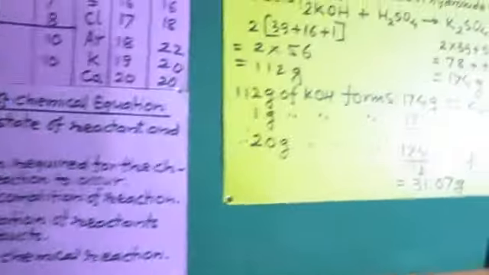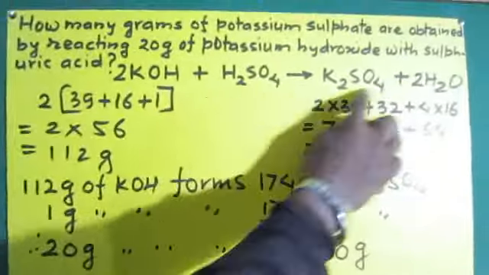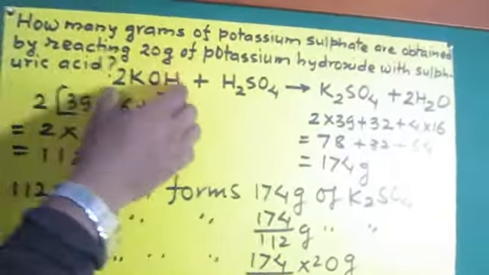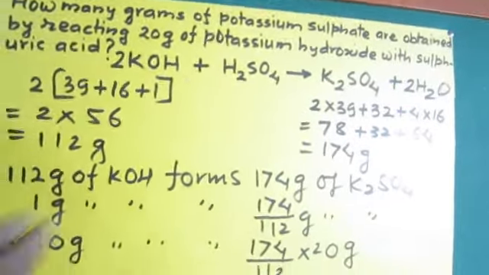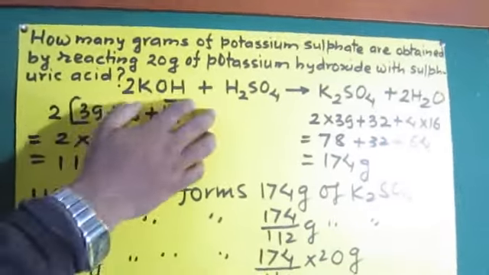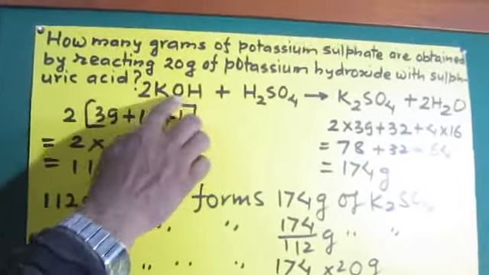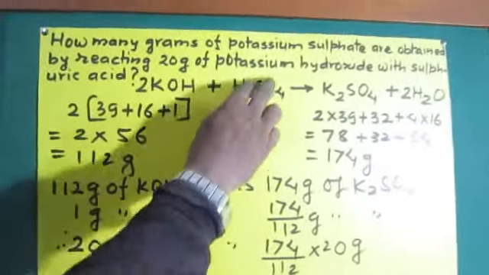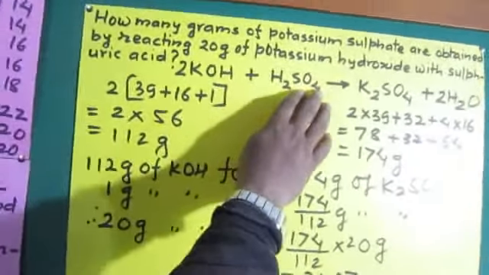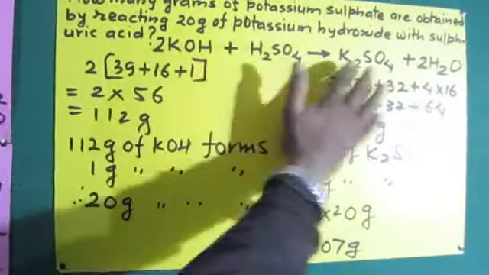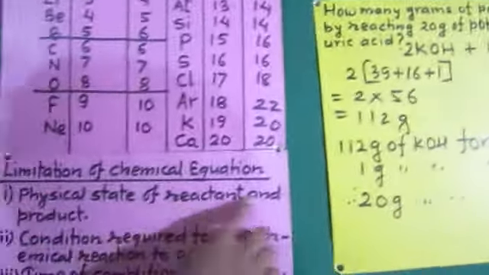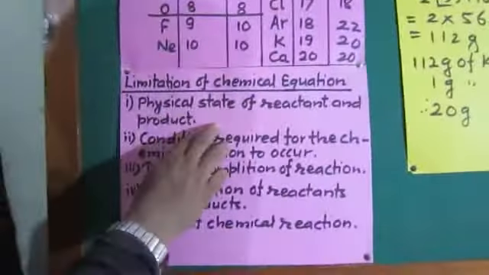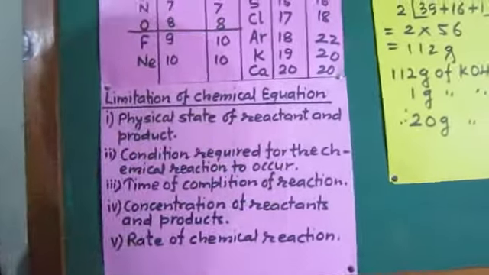Look at this chemical equation. Here it is written in the form of formulas. Even if we write in words, whether this potassium hydroxide is in the form of solution or solid, and sulfuric acid in the form of solid or liquid, it's not clear. That's why the physical state of reactant and product cannot be represented by a chemical equation.